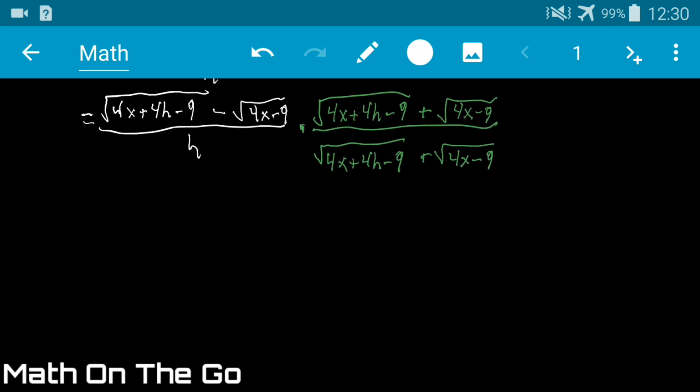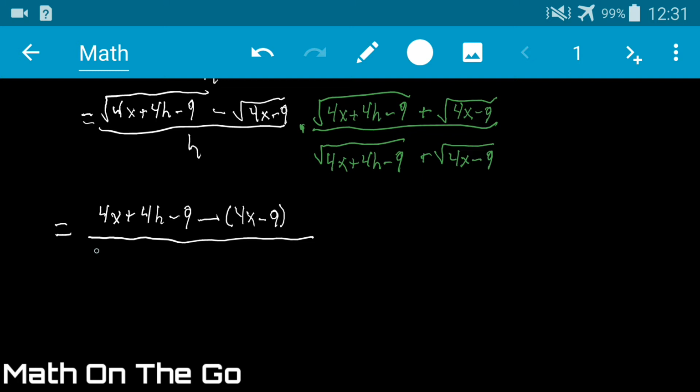So what that leaves us with, so we have a square root times a square root, which just gives us what's inside the square root. So we end up with 4x plus 4h minus 9. Then we have negative times a positive, so that's going to give us a negative, minus 4x minus 9.